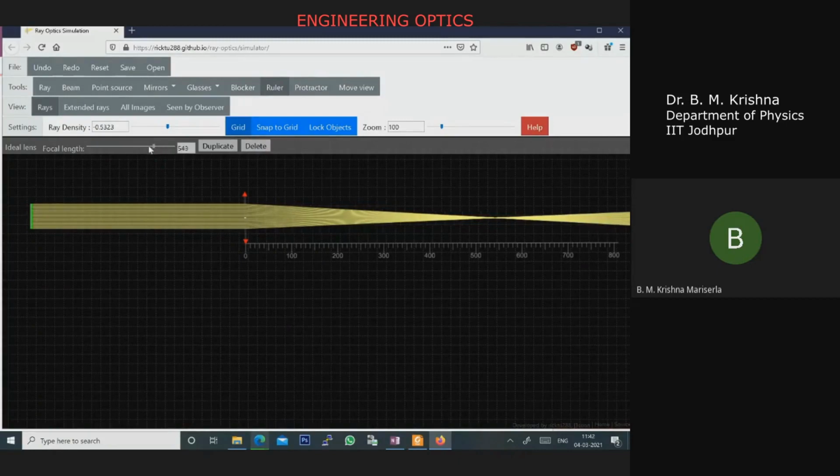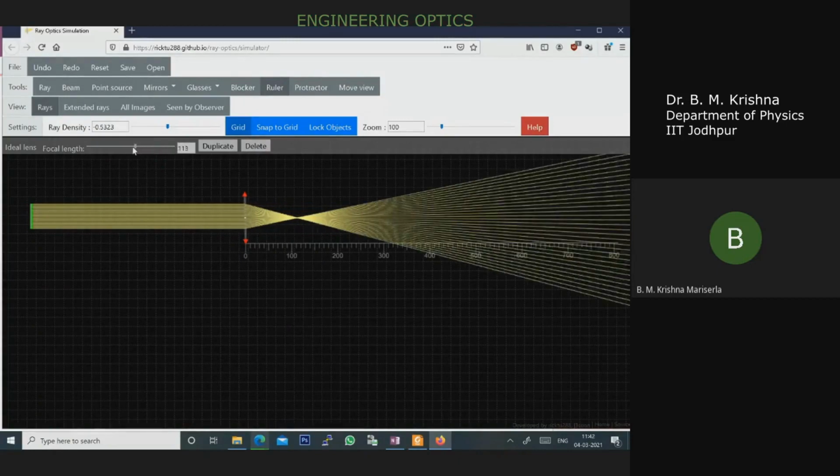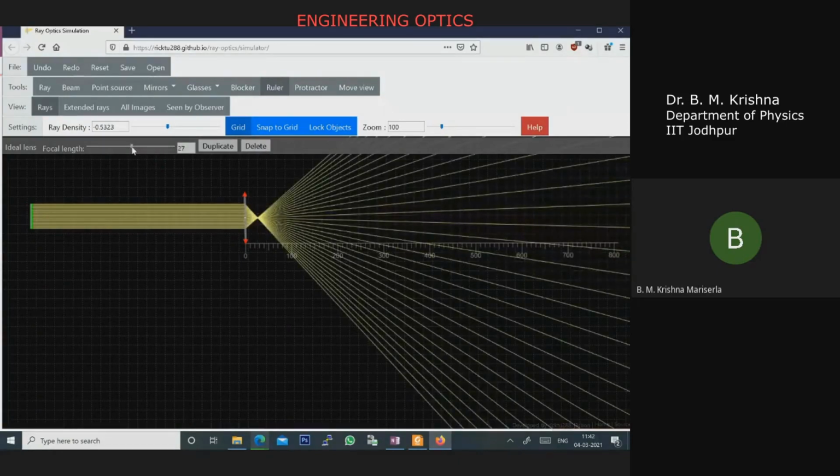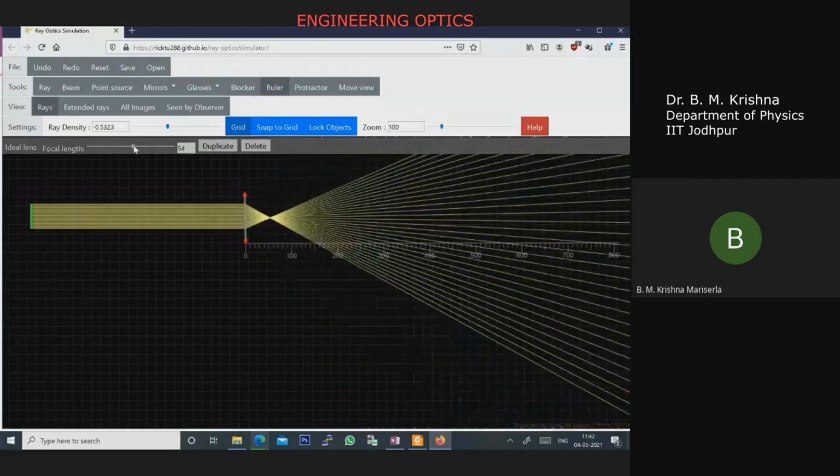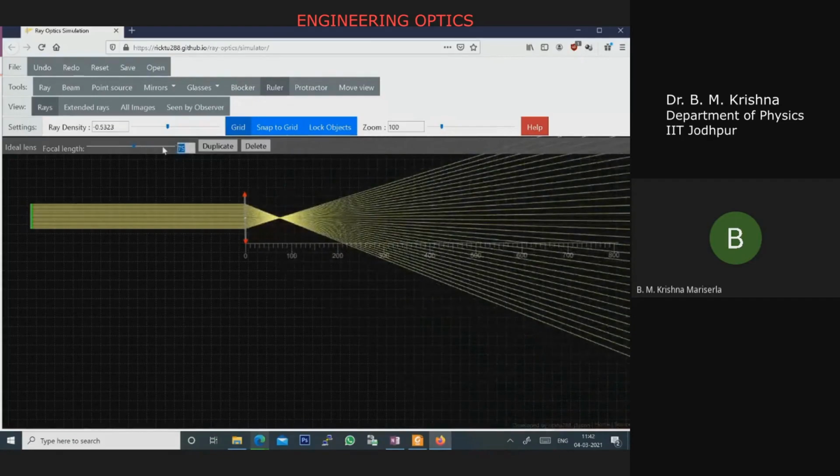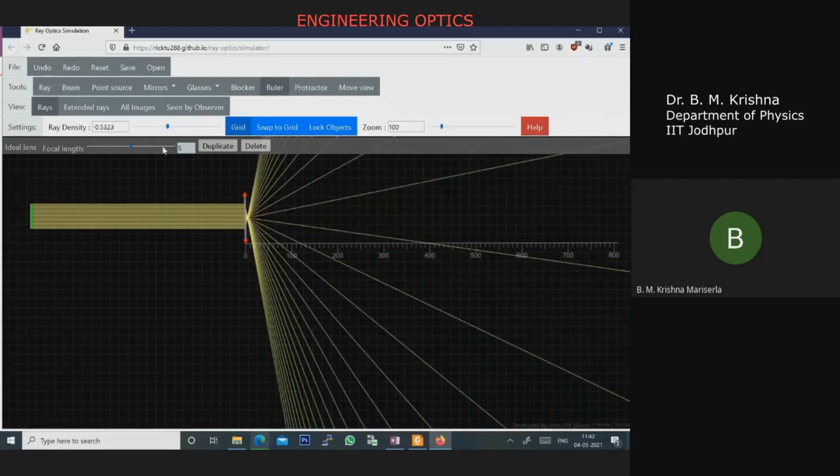So you can change with different lenses. If you use a short focal length, for example I put 5, your focus will be a tight focus and the divergence is very high after focus.